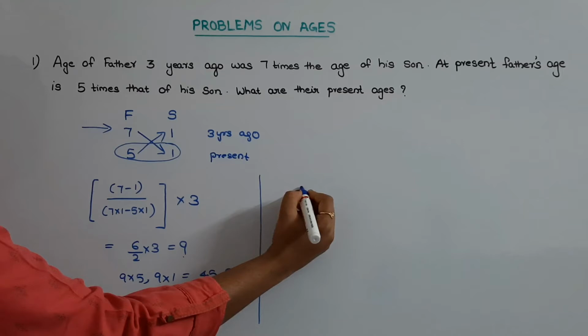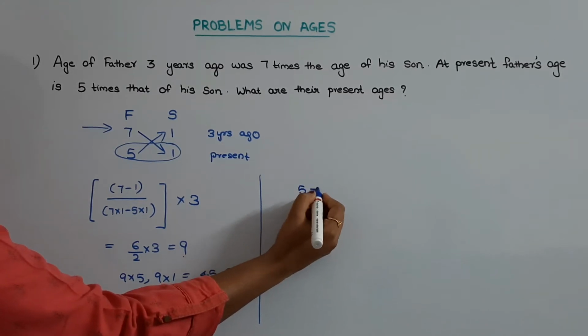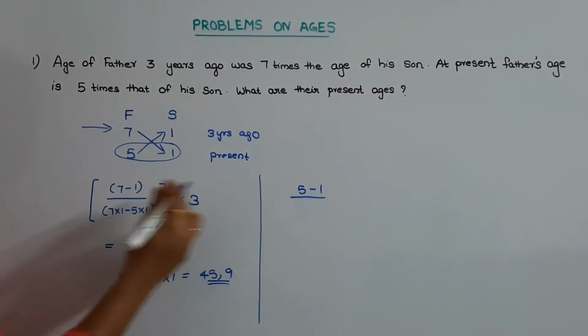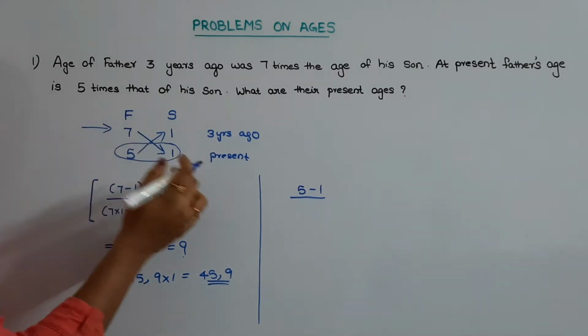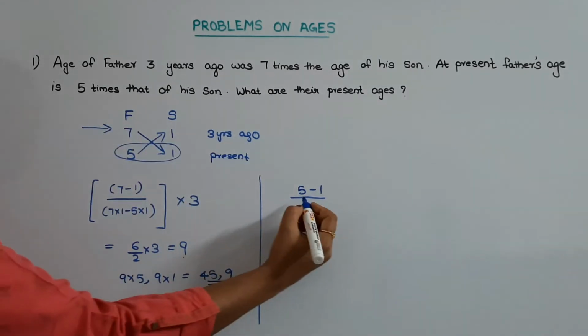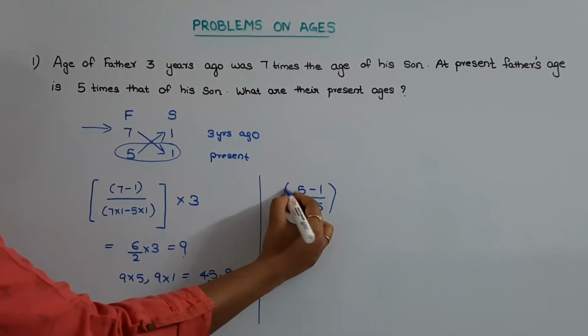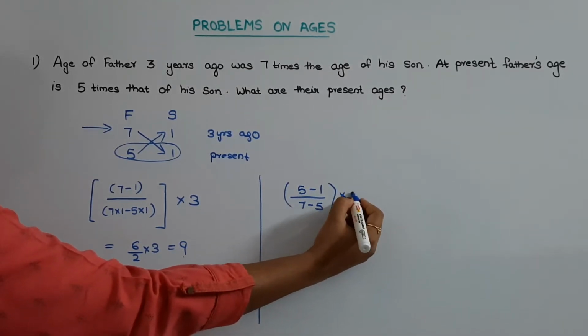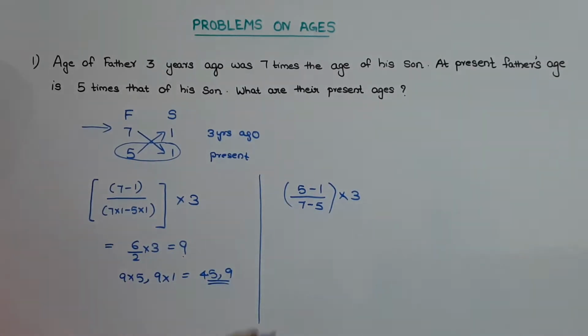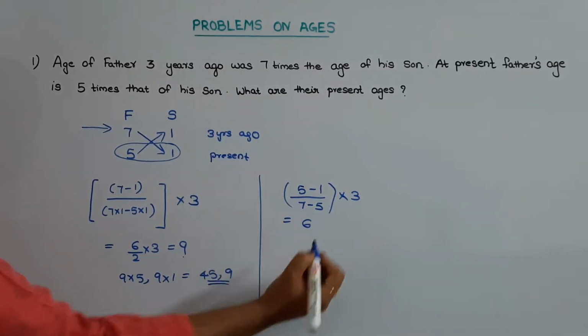Then in the numerator you write 5 minus 1, and in the denominator you take the difference after cross multiplying, that is 7 into 1 minus 5 into 1, that is 7 minus 5. Then multiply it with the effective difference in the year, that is 3. So on solving this you will get it as 6.